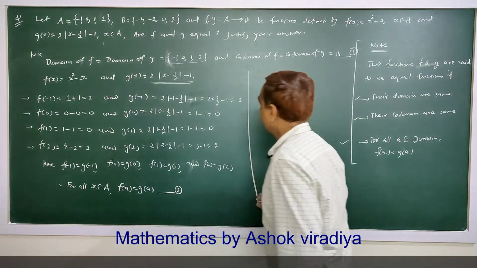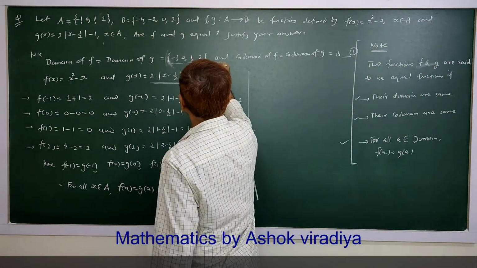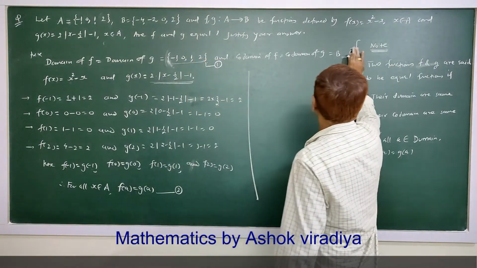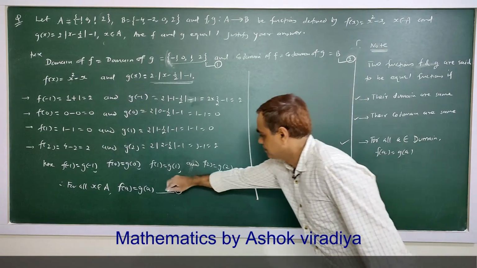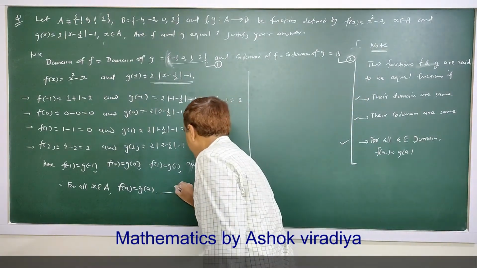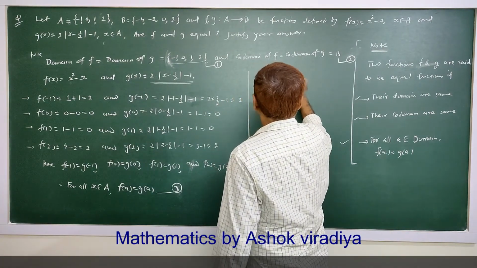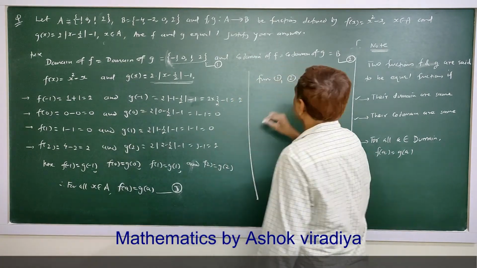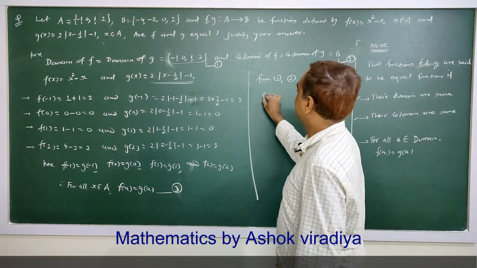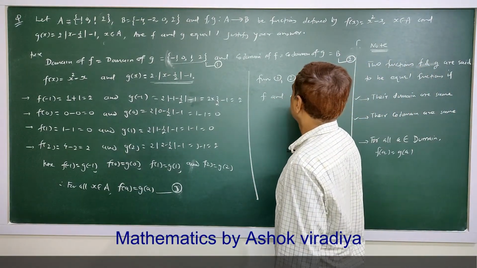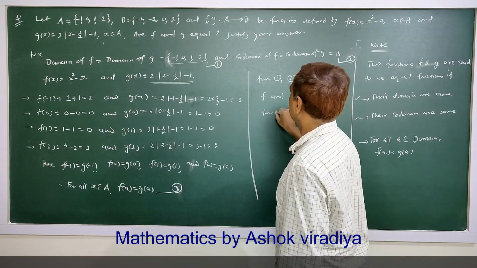So from 1 and 2, we say this is 1, this is 2. Second condition, this is 3. So from 1, 2 and 3, it is clear that f and g are equal functions.